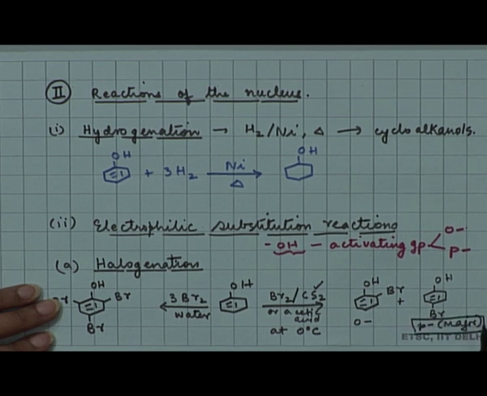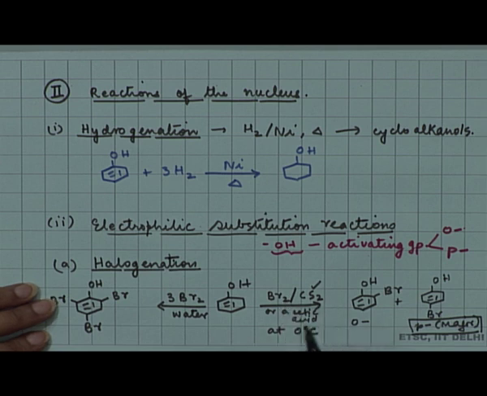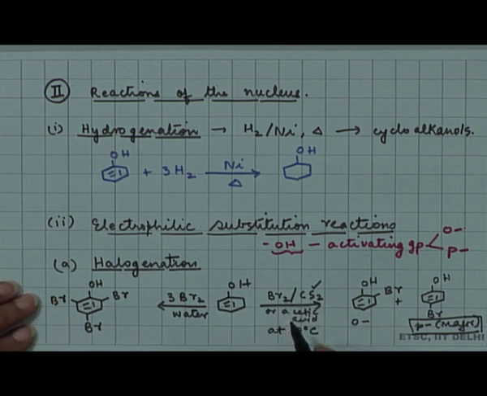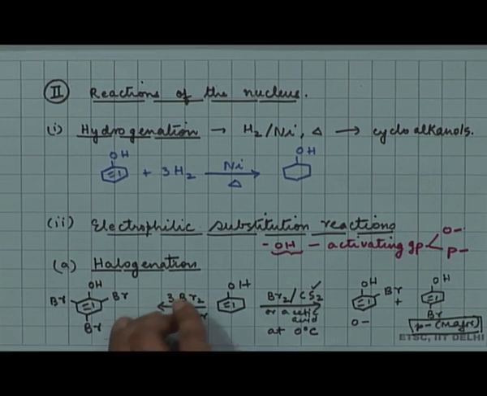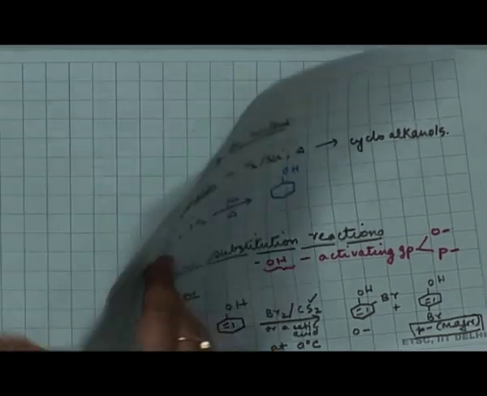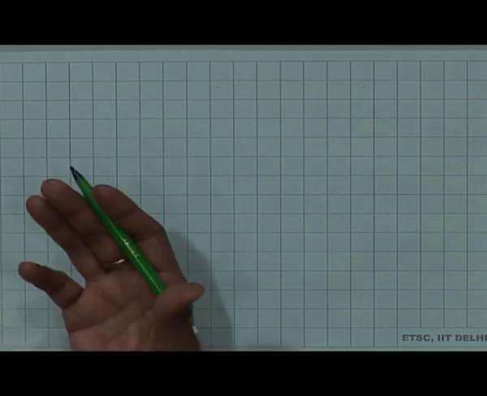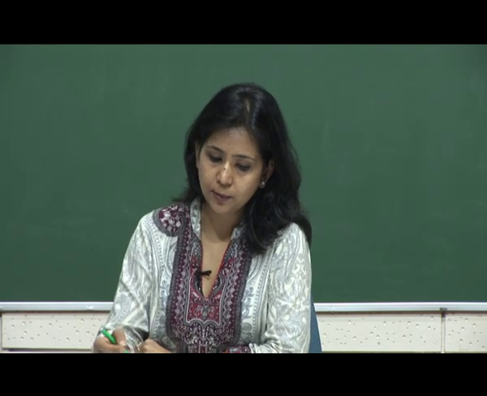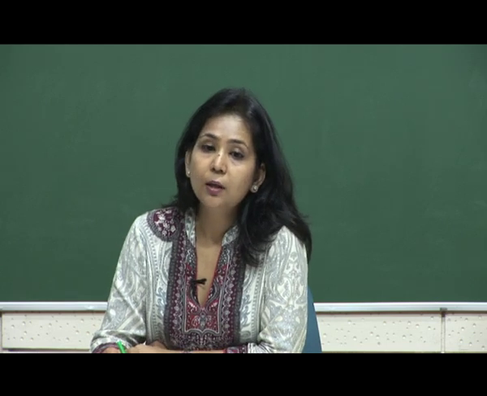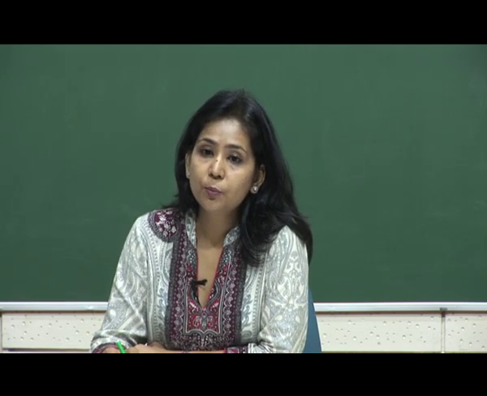So, this is the major product when we carry out the bromination at 0 degrees centigrade with carbon disulfide as the solvent. As is expected, because the nucleus is highly activated by the hydroxyl group which has given its electrons at the ortho and para positions, the reaction yields a mixture of the ortho and para substituted products.